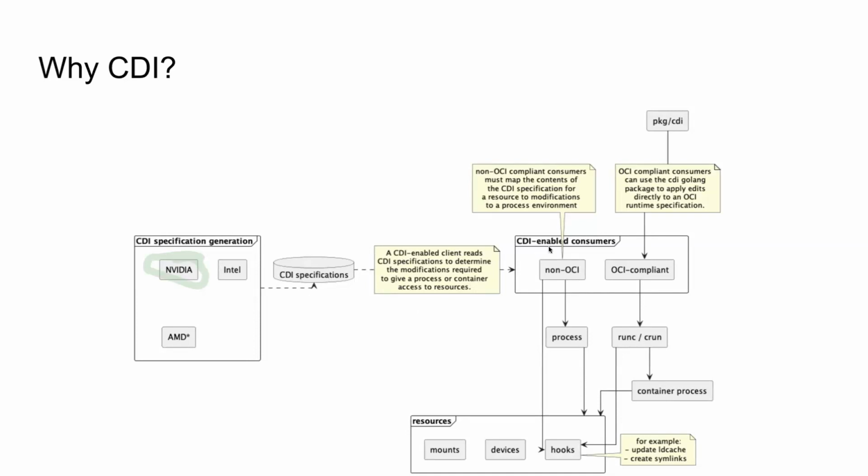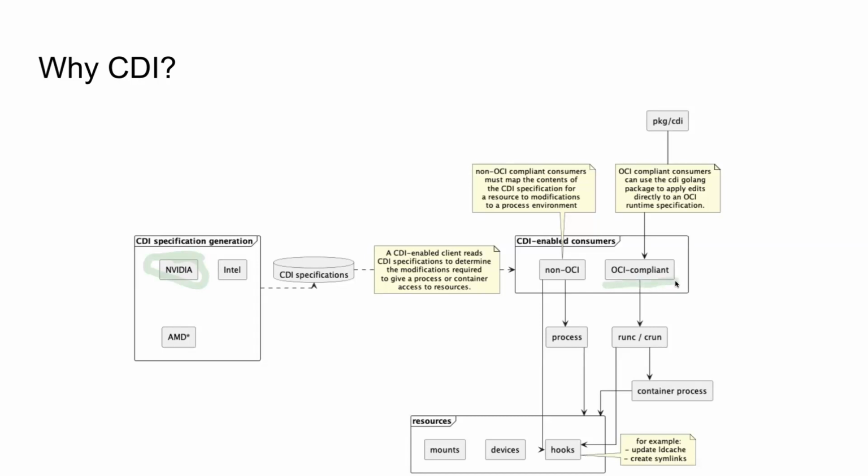So in terms of the OCI compliant consumers, which I include Singularity's OCI mode, it then consumes those specs. So a request comes in requesting a particular device. It reads the specifications, checks whether it's a valid device identifier.